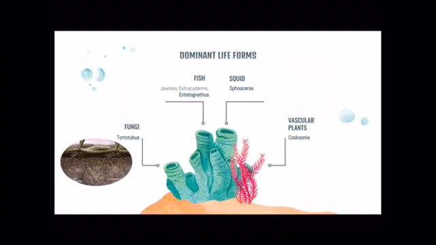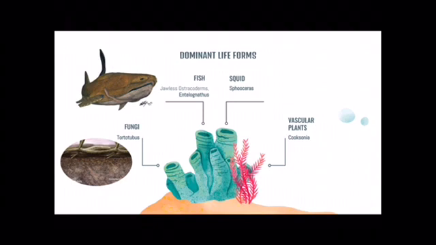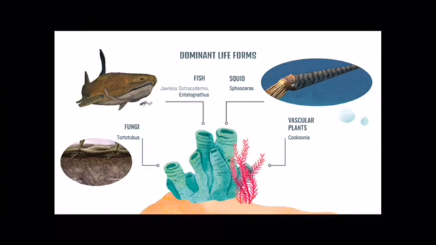And for the fish, they were both jawless, and later on there was the fish with the jaw, and that fish was called the Entelognathus. And as you can see in the image, that is the fish. And next would be squid, which was the Sphooceras. And finally, there is vascular plant, which was the Cooksonia.